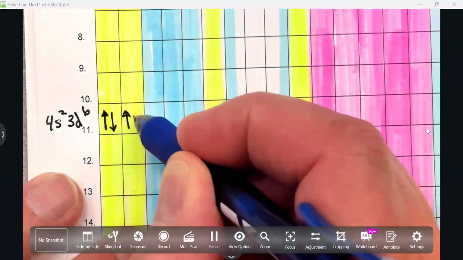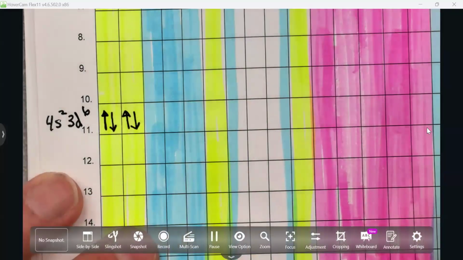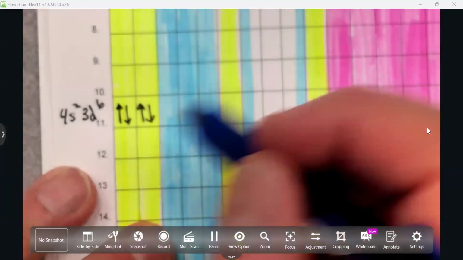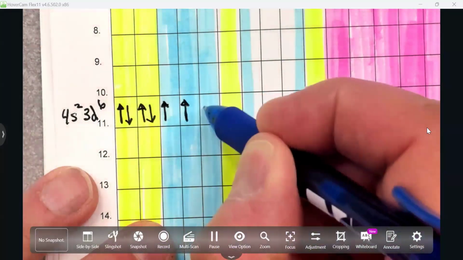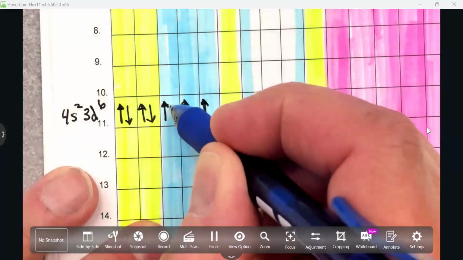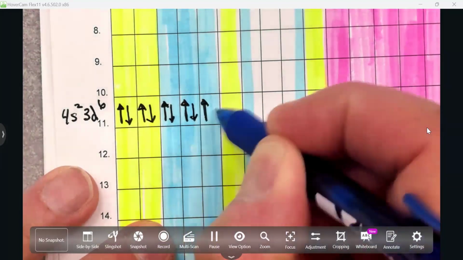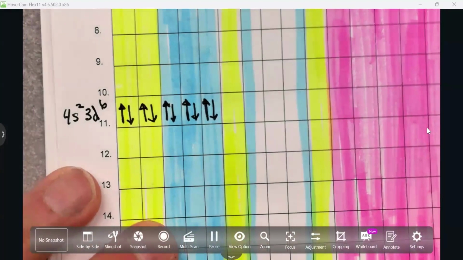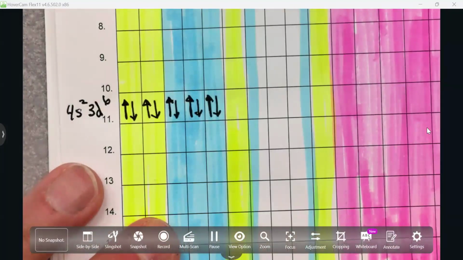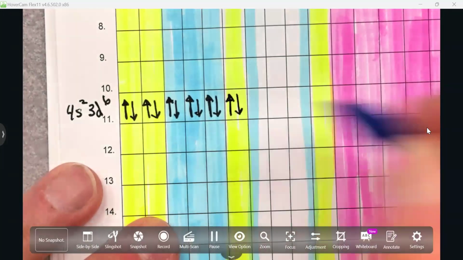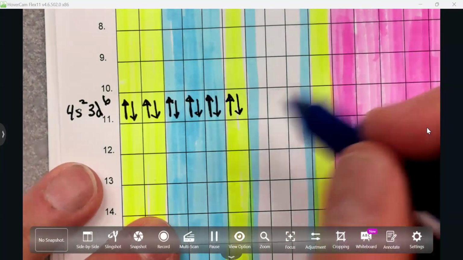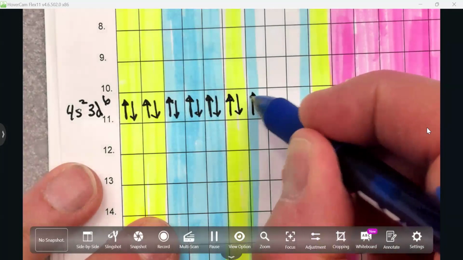1s2, 2s2, 2p6. You can fill them one at a time. Here's my p's. There's my 1s2, 2s2, 2p6, 3s2, then 3p6.